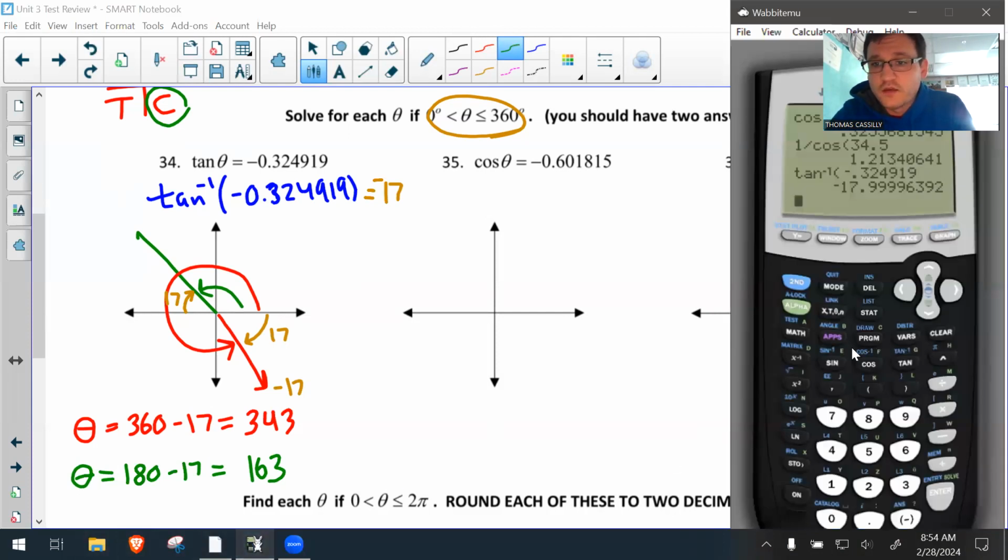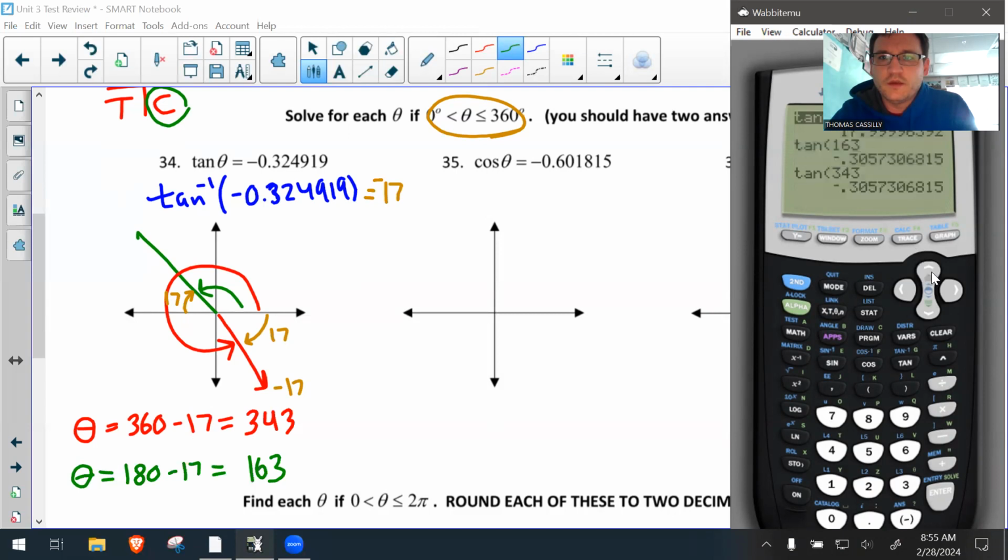If we want to double check, we just type them in. The tangent of 163 should give us that same decimal, except it's not. What did I do wrong? The tangent of 343 is also the wrong number.